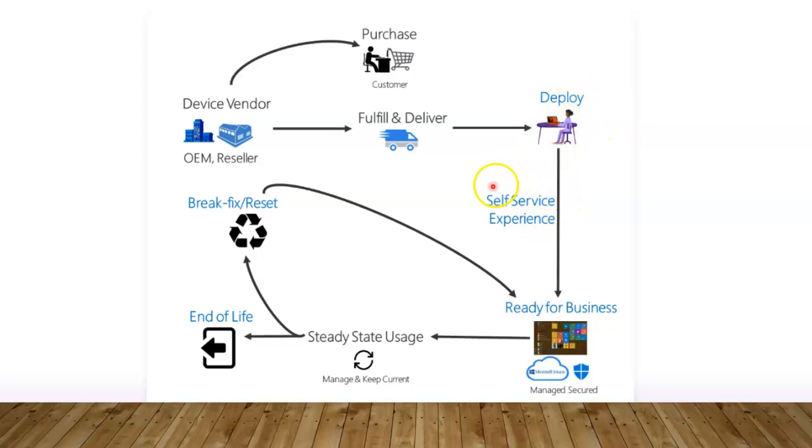They get a self-service experience, meaning they get all the business applications, let's say Office 365 or other applications, that need to be inside that image. I will talk about how they come. That's the technical part, which we will definitely explore in the next lectures.